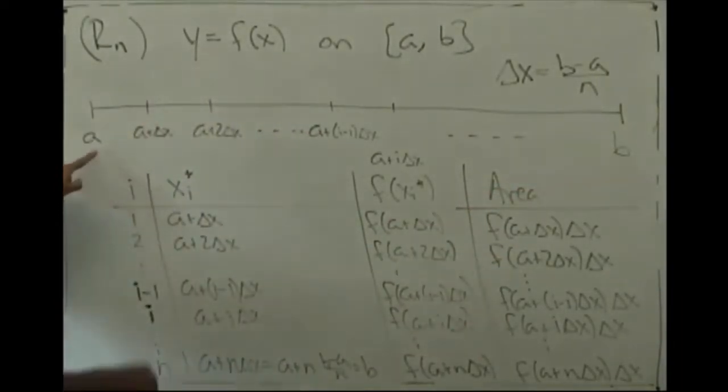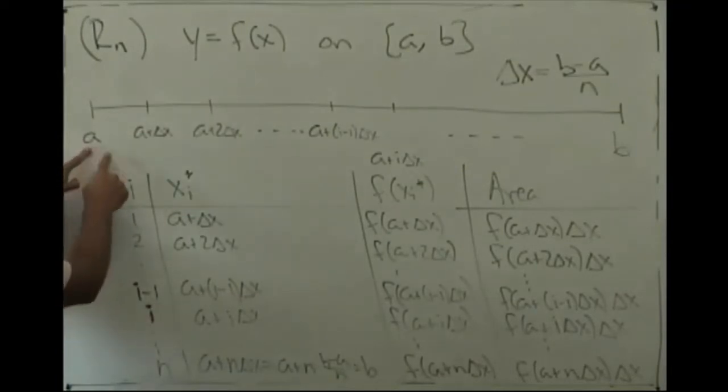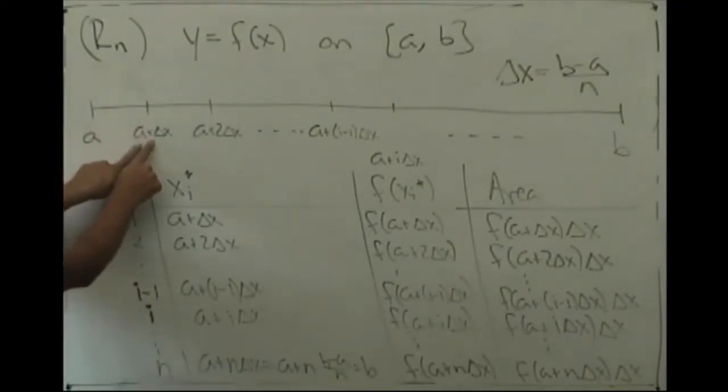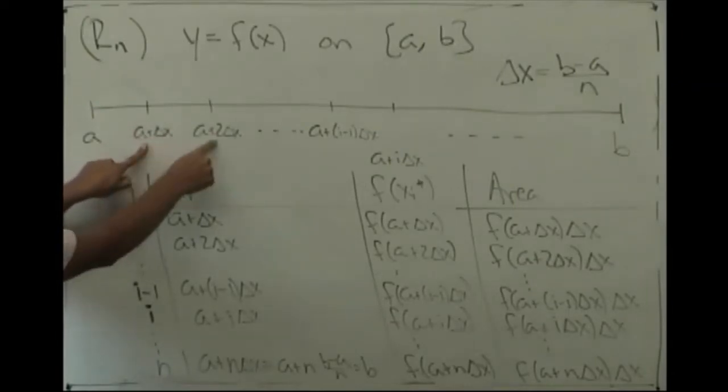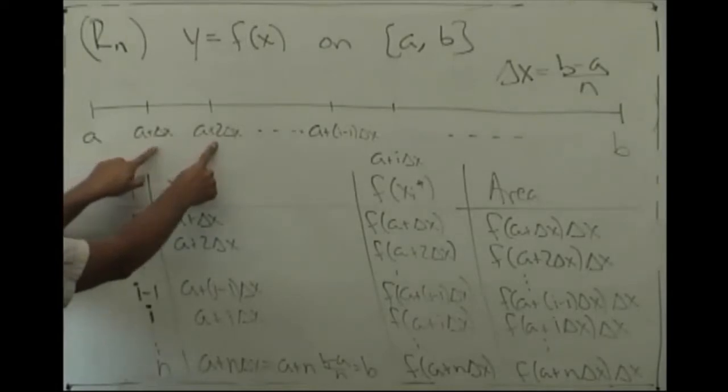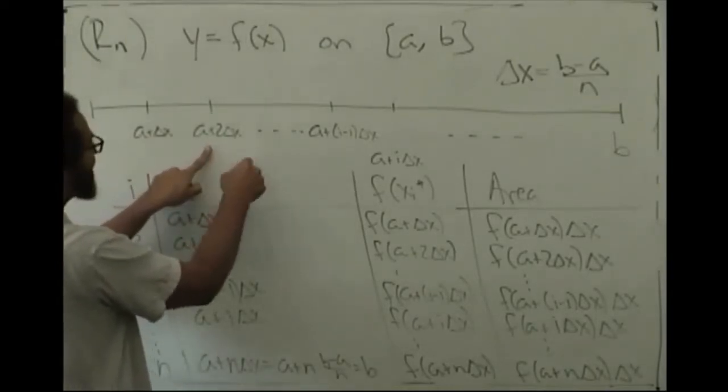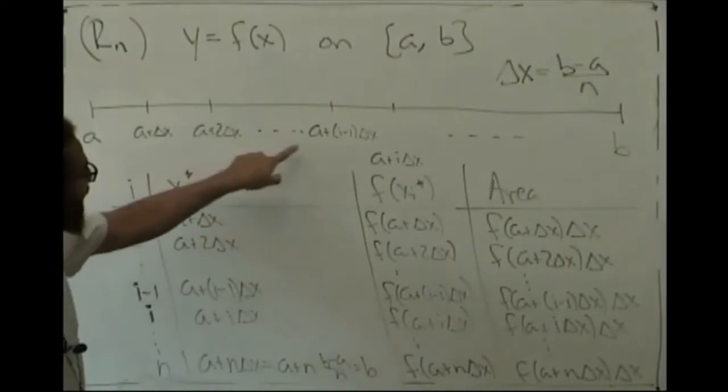So we start at a, and then the first subinterval is going to stop at a plus delta x, right? And then I add delta x to this and I get a plus 2 delta x. And the next one is going to be a plus 3 delta x, and so on.